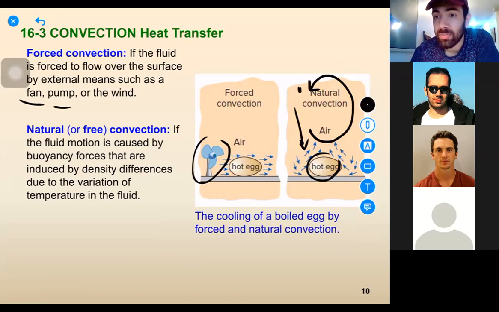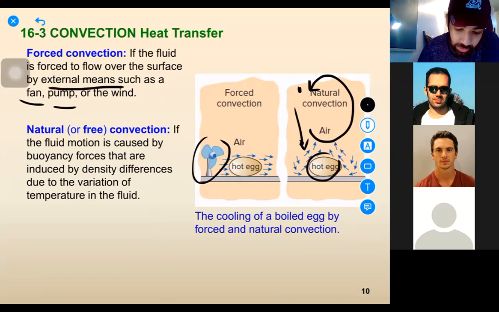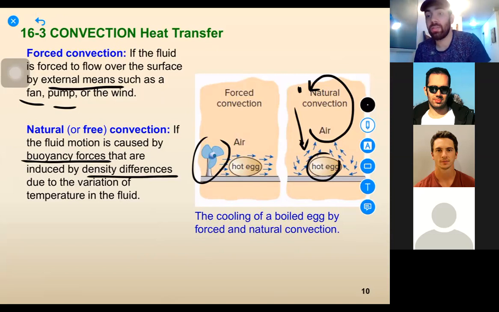That is basically the difference between forced convection and natural convection. Forced convection is made by external means, but natural convection is mainly caused by buoyancy forces or density differences. So it is not in the human's hand.